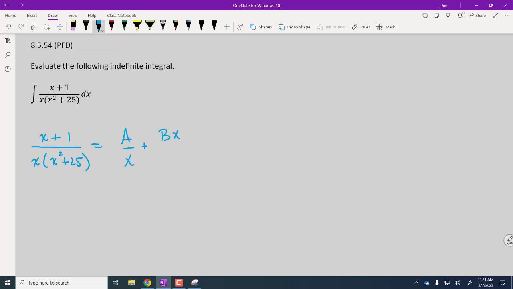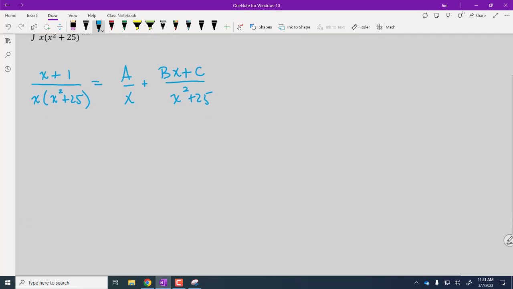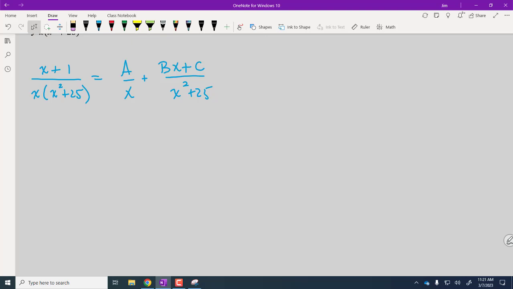Yeah, so we want to have a linear expression up here, so bx plus c. And then we're doing the whole cross multiplication, multiply by the denominator on the left, however you are thinking about it in your head. When you do that multiplication by the left-hand denominator, you'll end up with that.